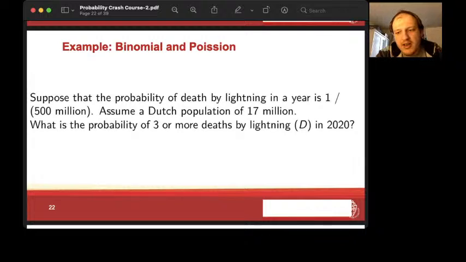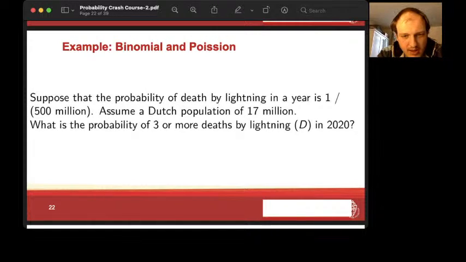So what we're interested in is first identifying the probability, the number of samples, and how many times we're interested in the event for the binomial distribution. So this will be n, p, and k. And for the Poisson distribution, we're interested in lambda.